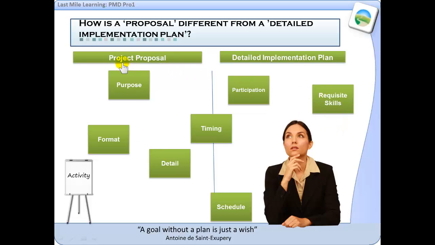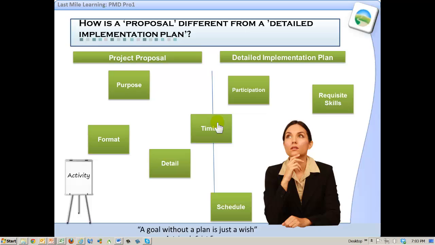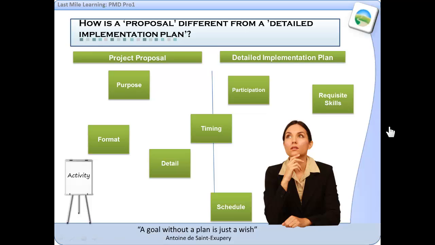In general, a project proposal is a document that is done early and is intended to get funding and approval for project implementation, whereas the detailed implementation plan is the actual document and detail that will be used for implementation.